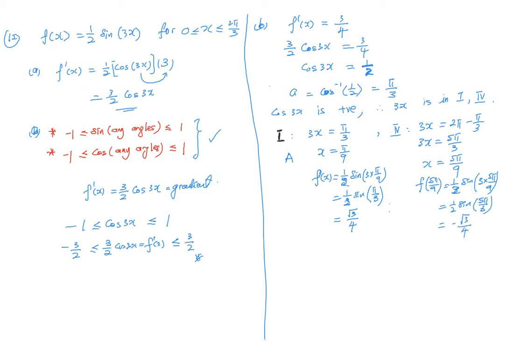So I see whether I can go to third round or not. Okay, second round. So if it's in the first quadrant, my 3x will be equal to 2 pi plus pi by 3. So x will be equal to 7 pi by 9. Cannot, this is greater than 2 pi by 3.